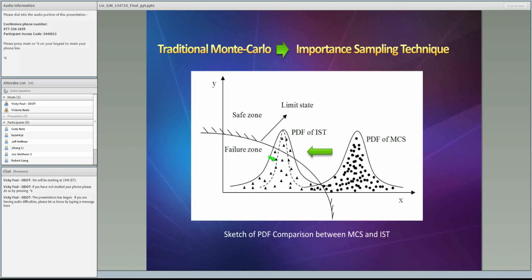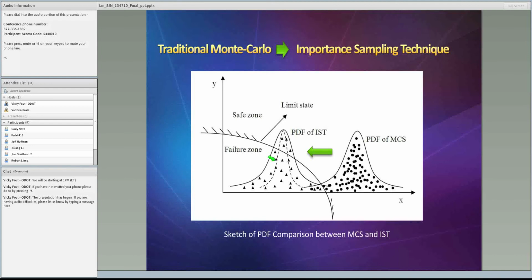So we can generate another, relatively smaller number of samples to calculate the factor of safety, with the soil samples generated from the importance sampling function. And then we can get the probability of failure here.